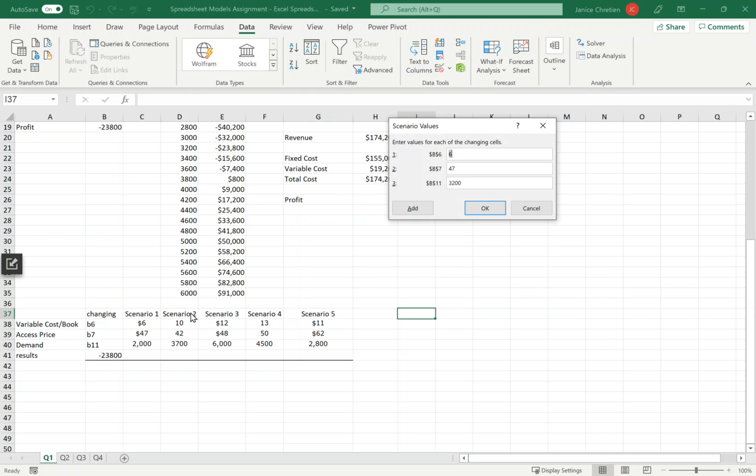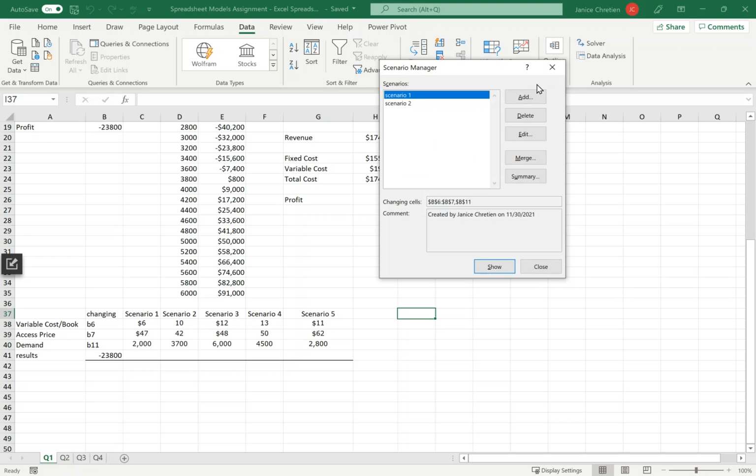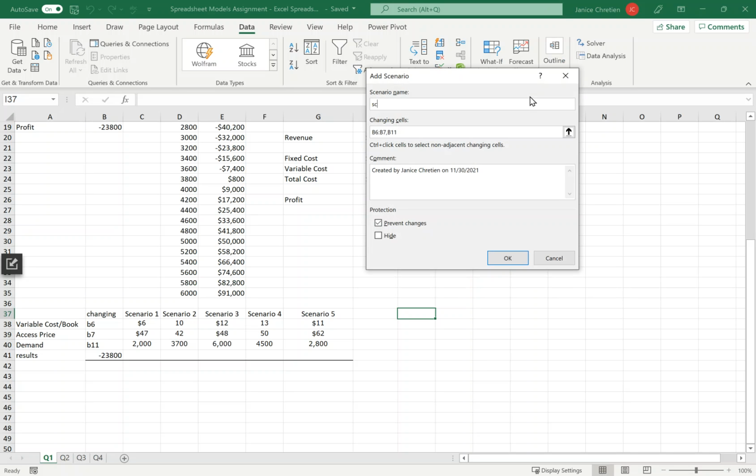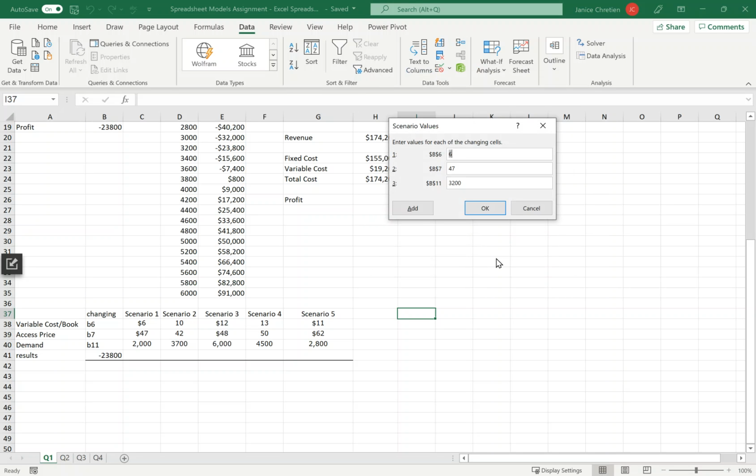What I need to change is my values for scenario 2, which are 10, 42, and 3700. And then I need to add, again, scenario 3. My changing cells stays the same. Keep prevent changes. Scenario 3 is 12, 48, and 6000.